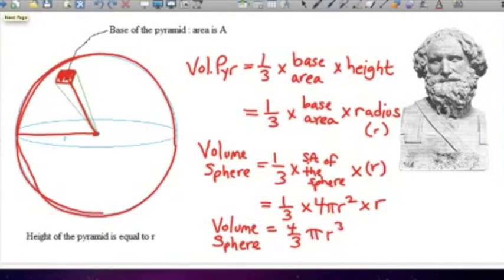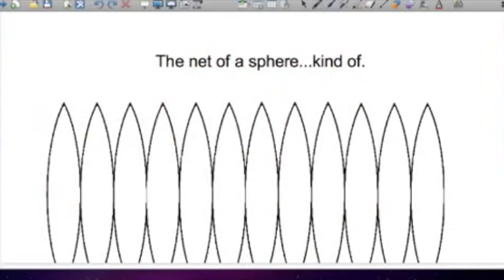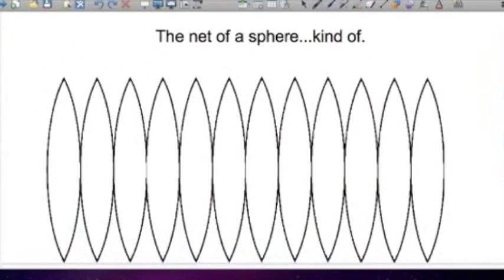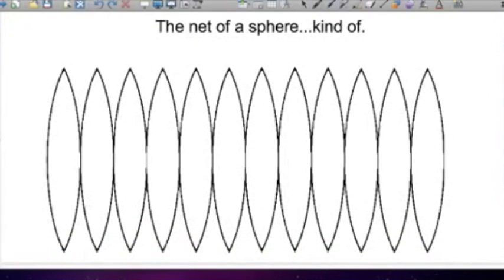Now, the real question I'm pretty sure you're thinking about is, Mr. Chavez, what does the net of a sphere look like? Well, the problem with nets, with spheres and their nets, is that paper can't really bend in two directions, and you kind of need it to do so in order to create a sphere. You can't really do that.